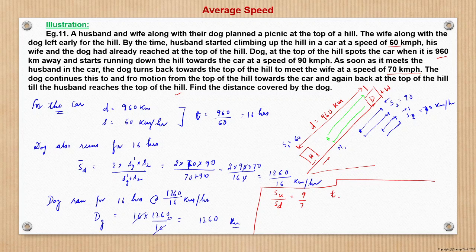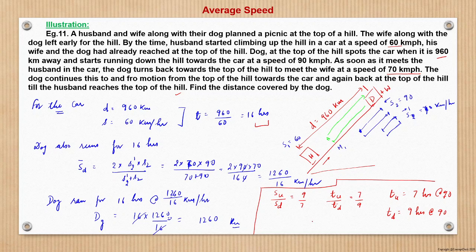So therefore the time for which the dog ran up to the time for which the dog ran down will be the reverse, 7 by 9. And the total time for which the dog ran is 16 hours, right? And here it is 7 plus 9. So we can say that the total time for upward movement by the dog is 7 hours at a speed of 70, and the total time for downward movement by the dog is 9 hours at a speed of 90, right?